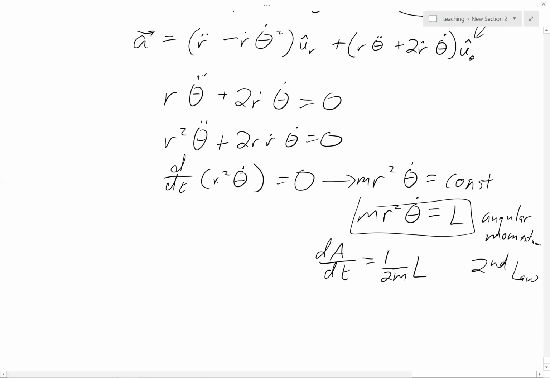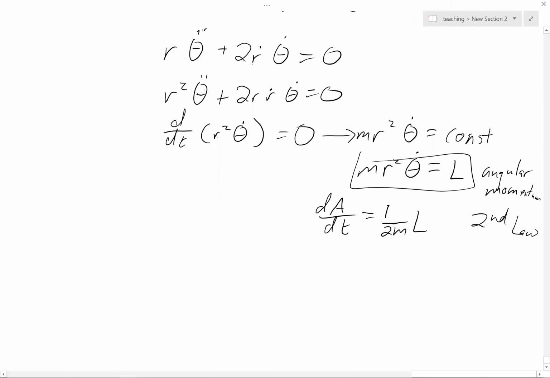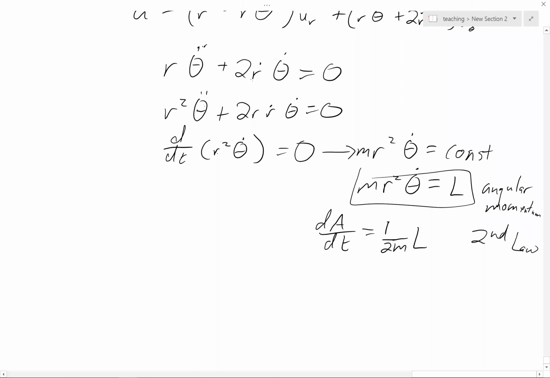So that was just redoing what we did last time, but it's a little more complicated because we're using polar coordinates and the equations of motion in polar form instead of simple vector methods.